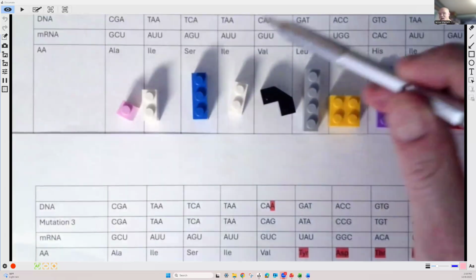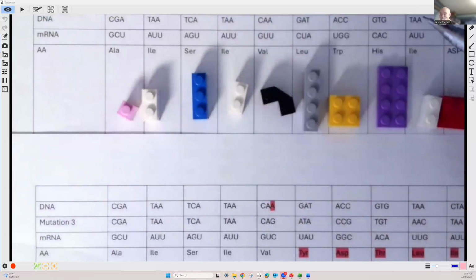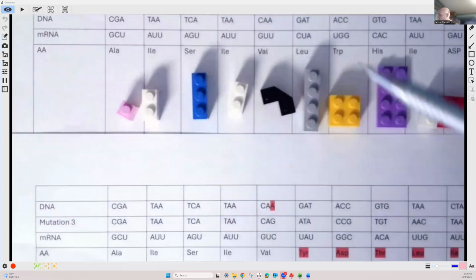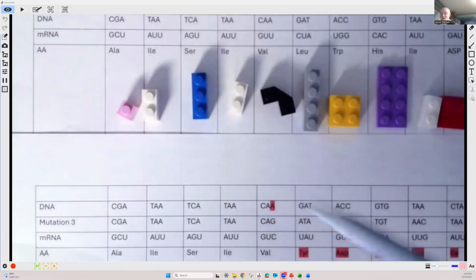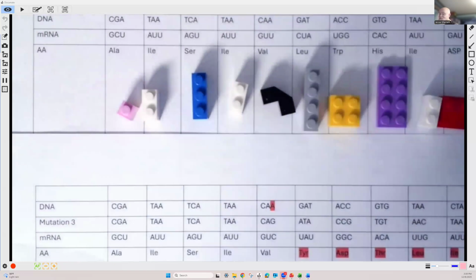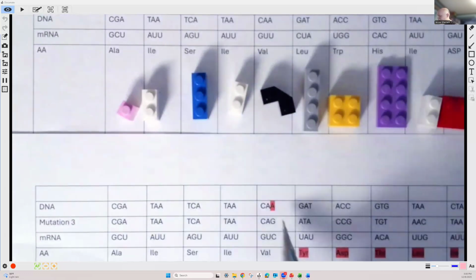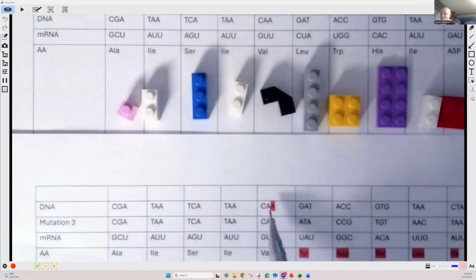But mutation is when you change one of these letters. Mutations can be good, mutations can be bad, and it depends on the type of mutation, what it does to the protein, what the protein actually does to the body, and if the mutation keeps on going, how bad it is or how good it is. There's an example here, deleting a nucleotide, that's bad.